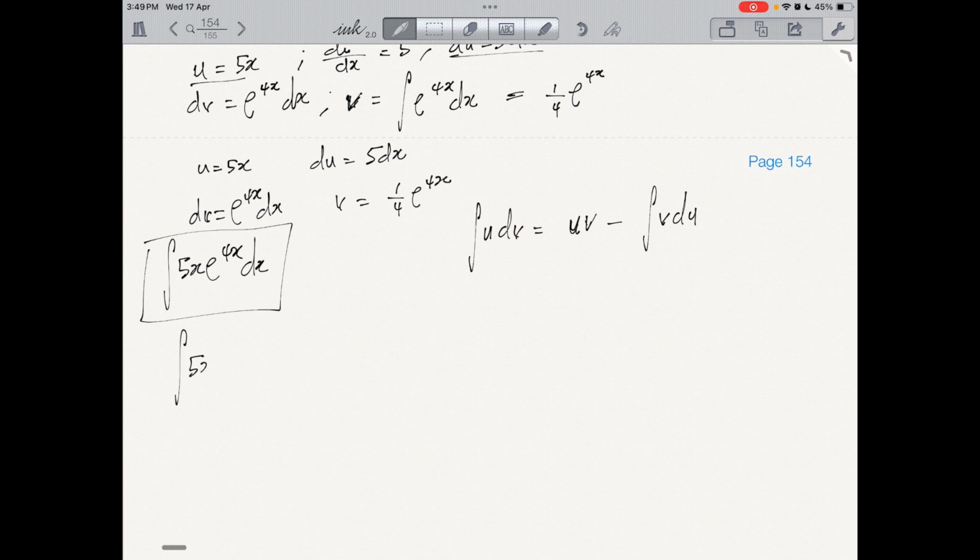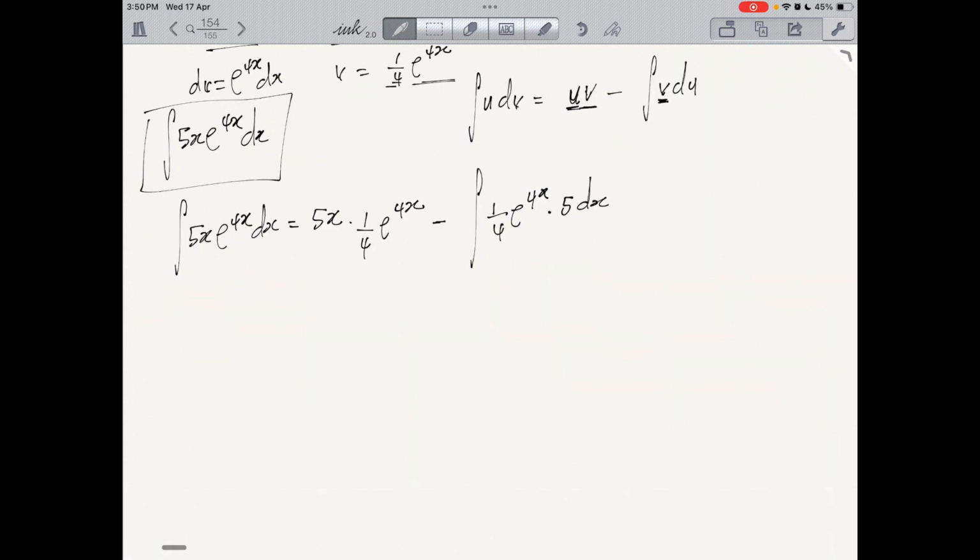Therefore, integral of 5x exponential 4x dx is equal to u, which is 5x, times v, which is 1 over 4 exponential 4x, minus integral of v, which is 1 over 4 exponential 4x, and du, which is 5 dx.